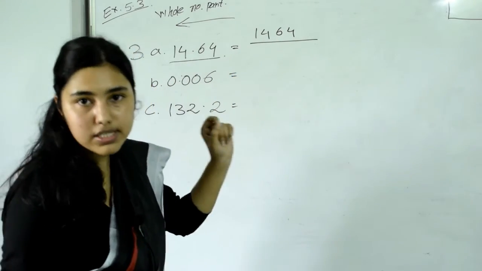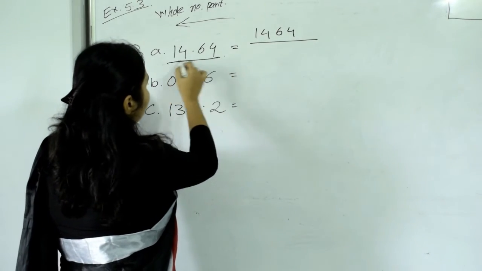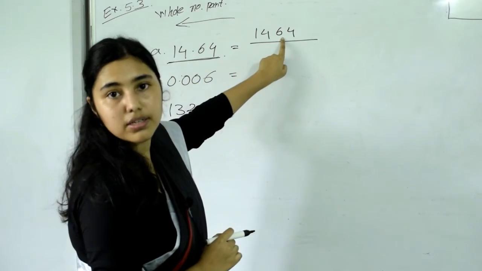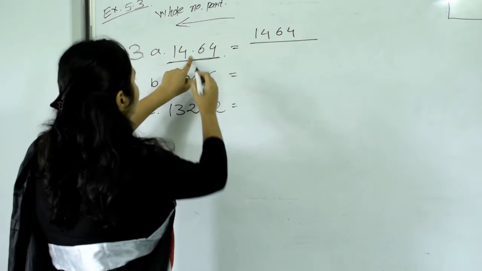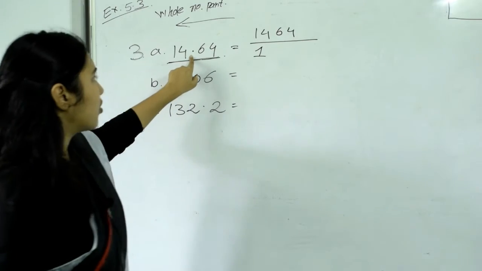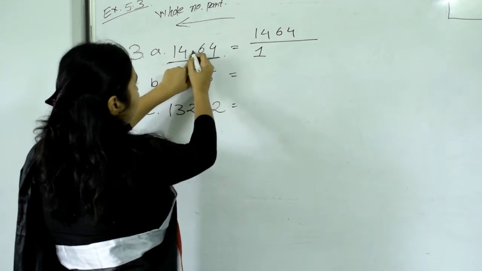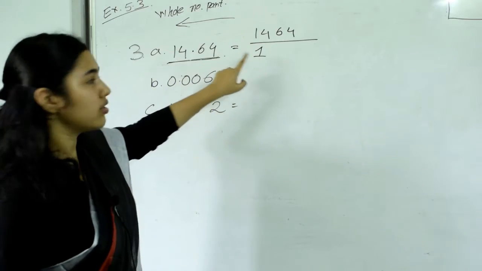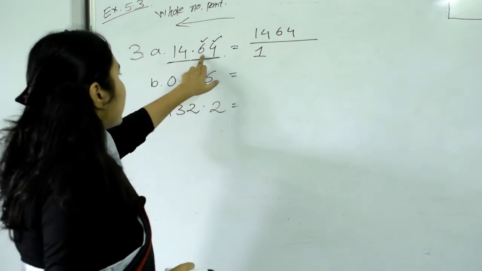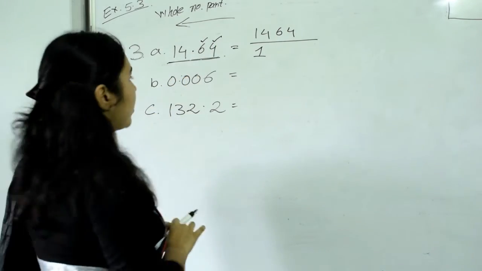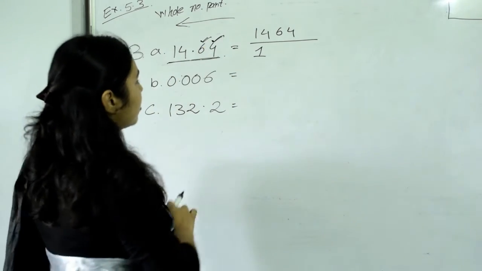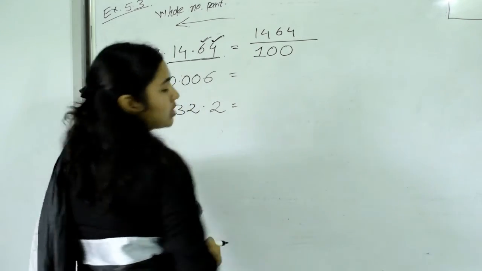Next, write 1 for this point in the denominator. Okay, because we are not writing this point here, so take 1 for this point and count the decimal places after this point. Here we have 2 decimal places after this point. So take here 2 zeros.